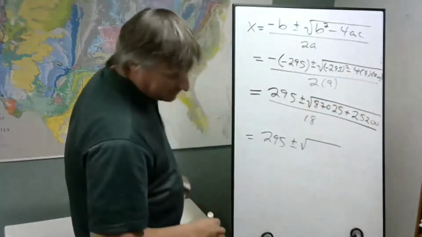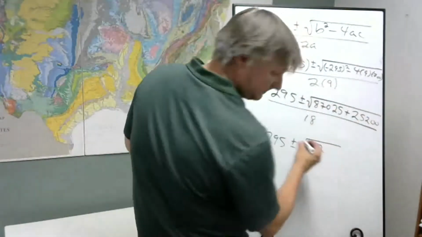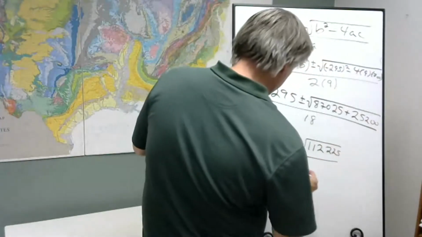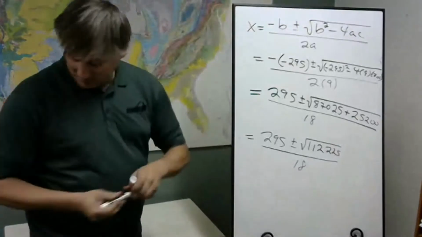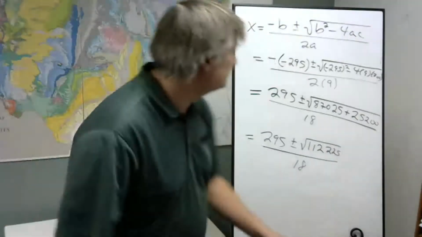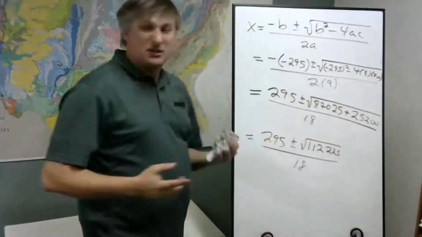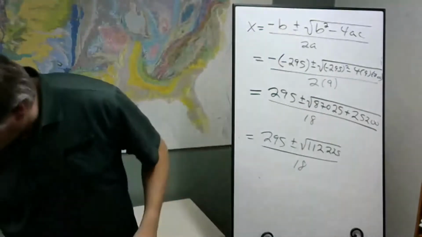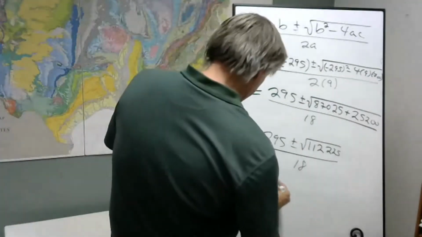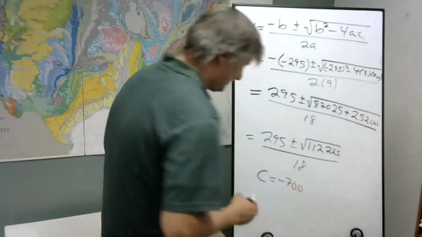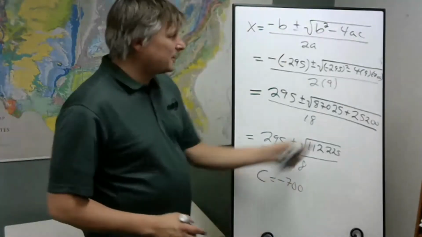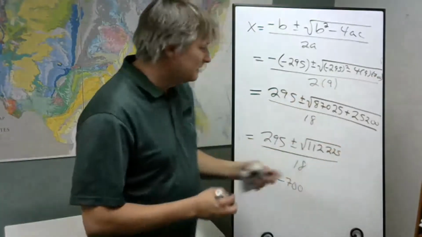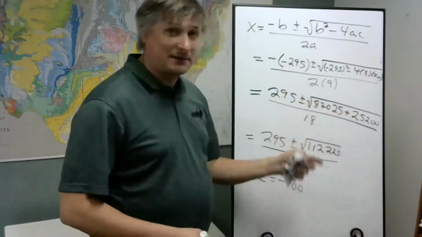And so what that's going to give us is that. So don't forget, C should be negative 700. That should be our C. And so that's going to make this negative 700. Negative and negative is going to become a positive. And that's why we're adding these two numbers to get that.